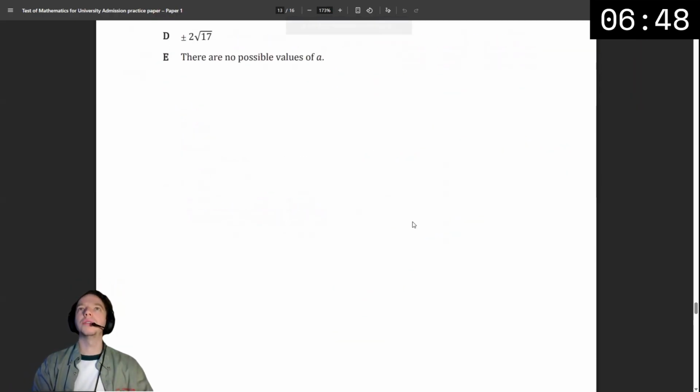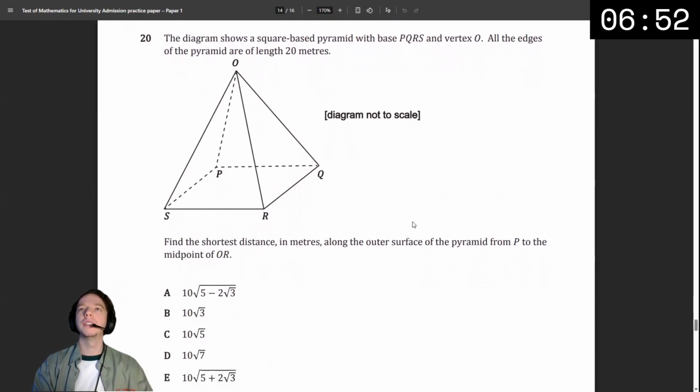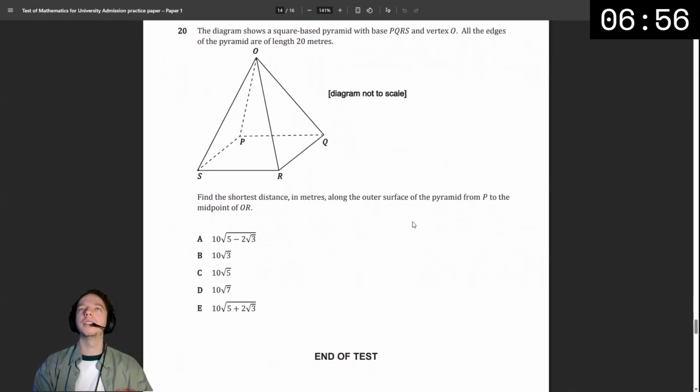Okay, not too bad. Next one. Maybe need to zoom out a bit. Okay, the diagram shows a square-based pyramid with base PQRS and vertex O. All the edges of the pyramid are of length 20 meters. Okay, all the edges.